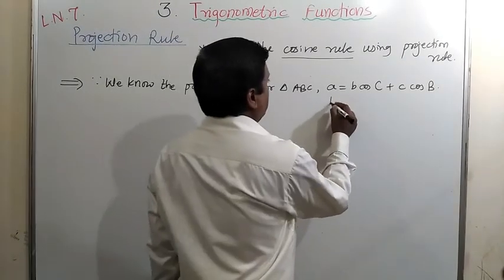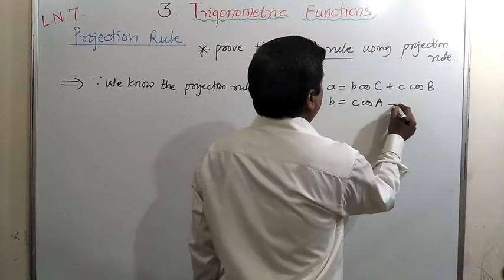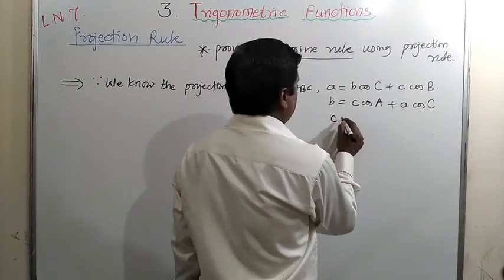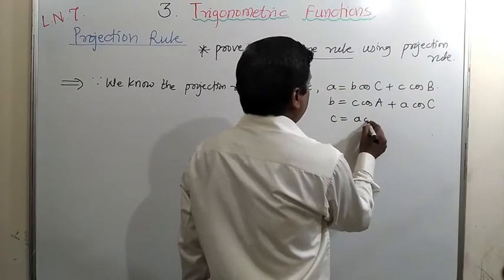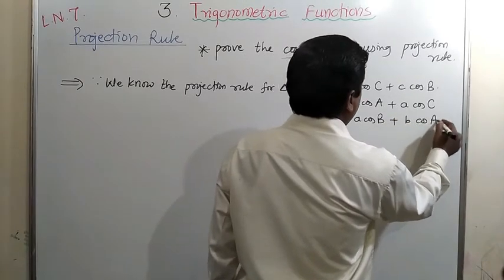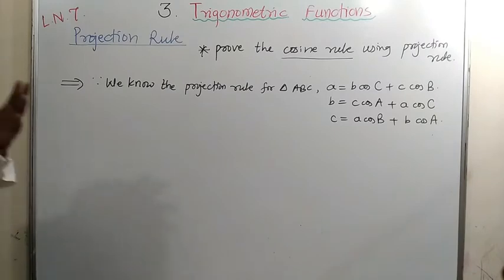Also, b is equal to c cos A plus a cos C, and c is equal to a cos B plus b cos A. Let us try to prove the first cosine result.